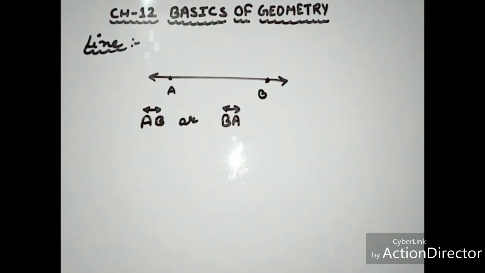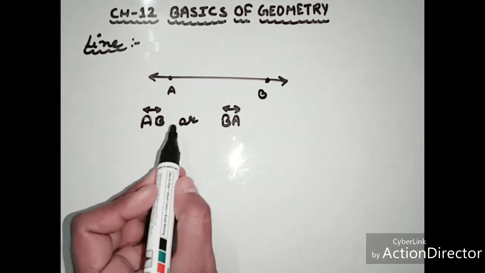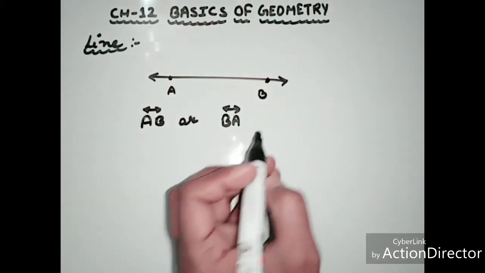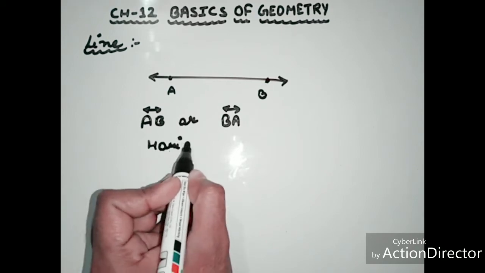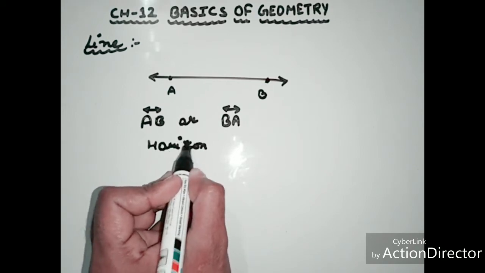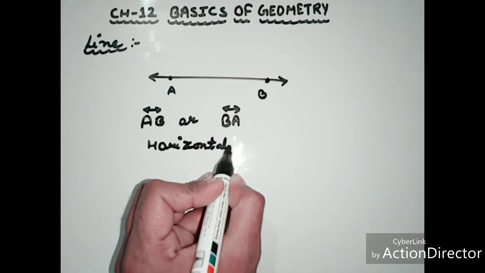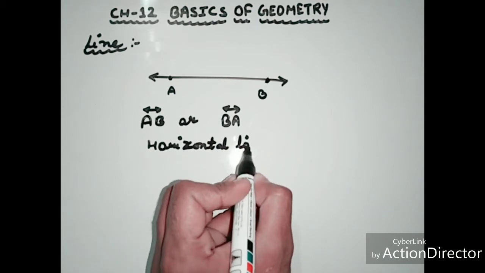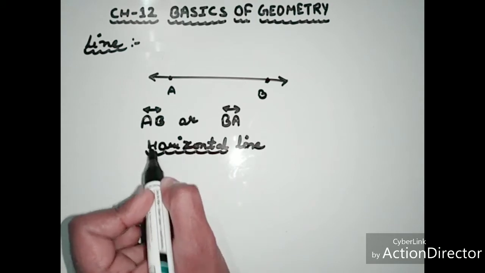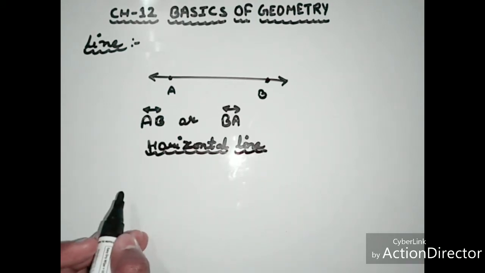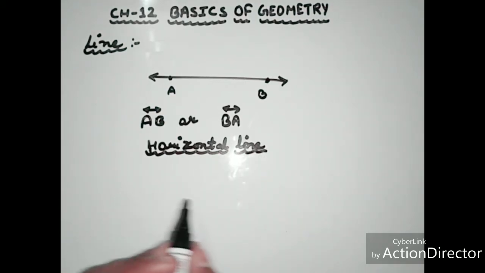Now there are mainly 3 types of line. Horizontal line. This is an example of a horizontal line. Now vertical line.